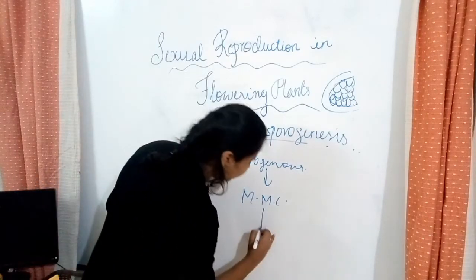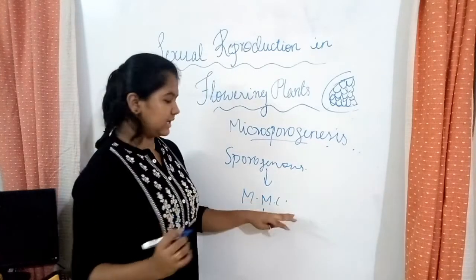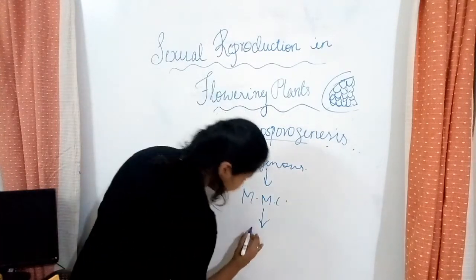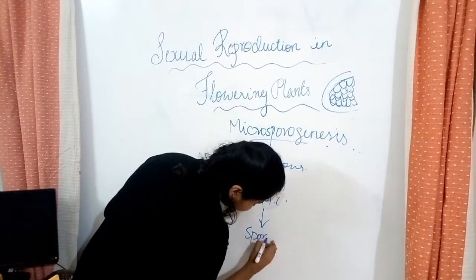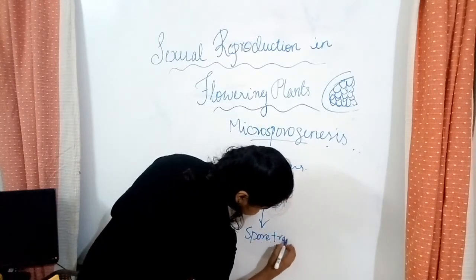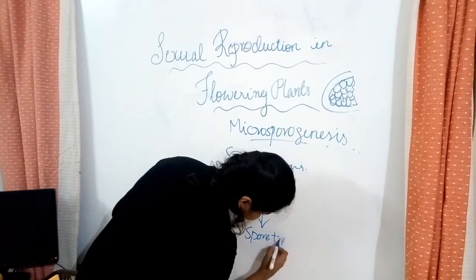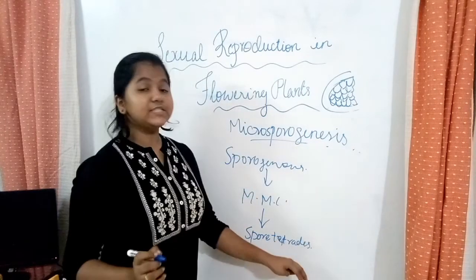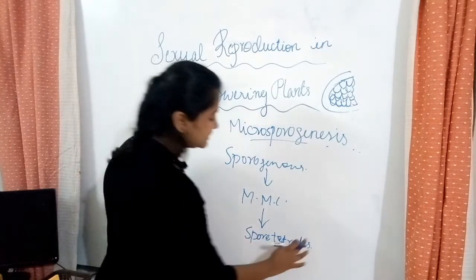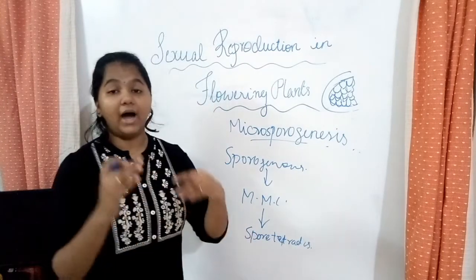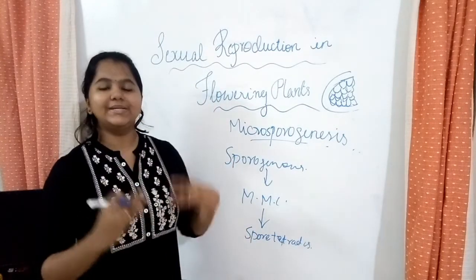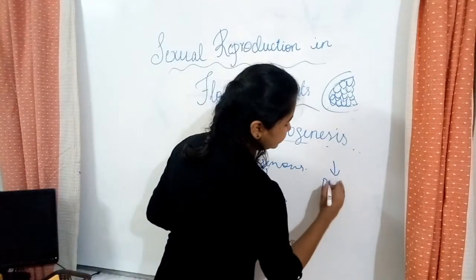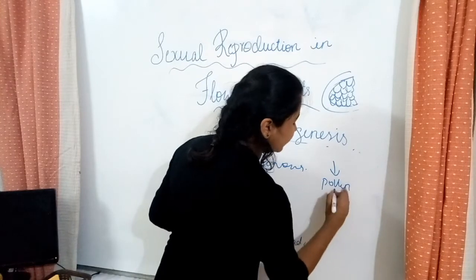So over here, this undergoes meiosis and becomes spore tetrads. And these spore tetrads undergo development and turn into pollen.